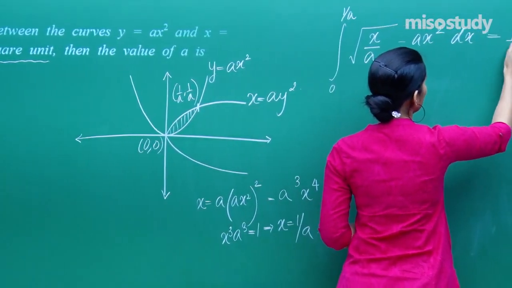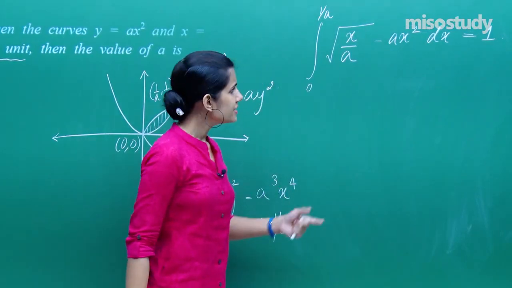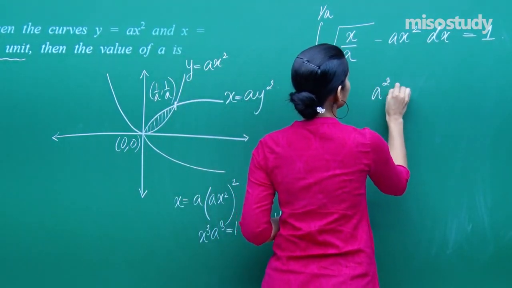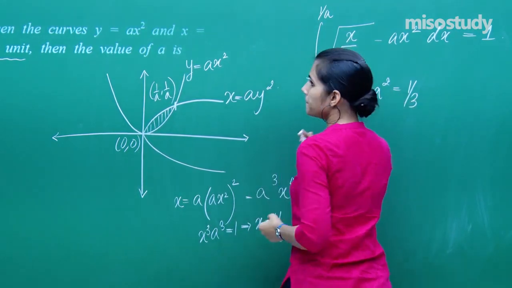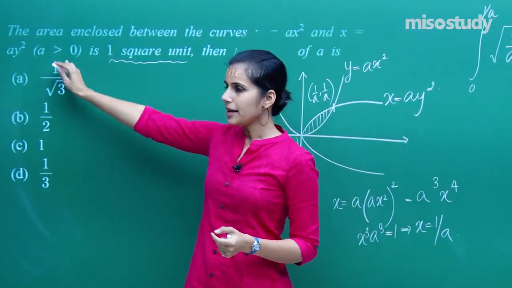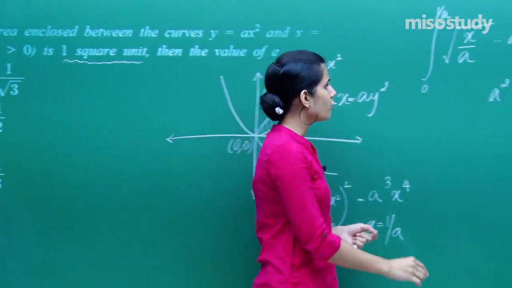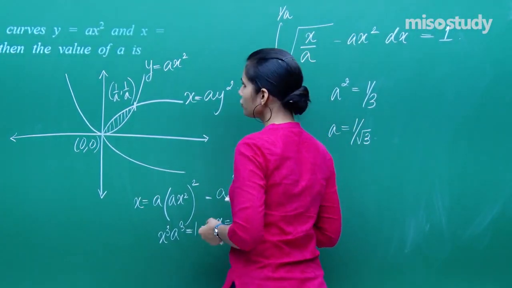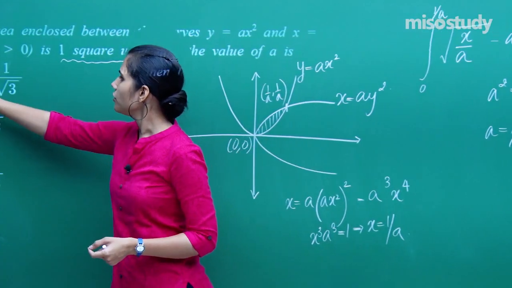This is given to you as 1. Very easily you can evaluate this integral. You are going to get a squared equals 1 by 3. But because it is already given that a is positive, a comes out to be 1 by root 3, and that is your answer.